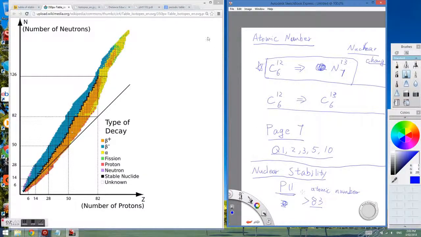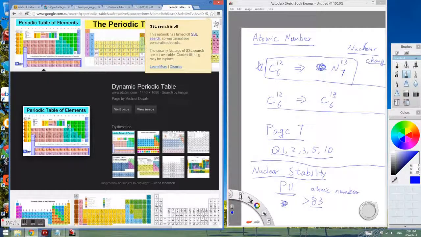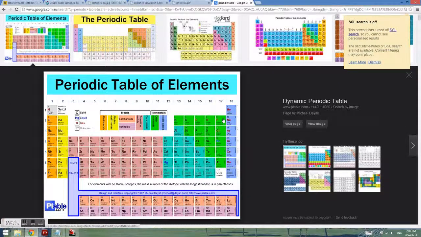If we go back to your periodic table, 83 is somewhere just after here. If you pick up an element somewhere there, for instance uranium 92, it is radioactive. All the elements with an atomic number greater than 83 are radioactive.